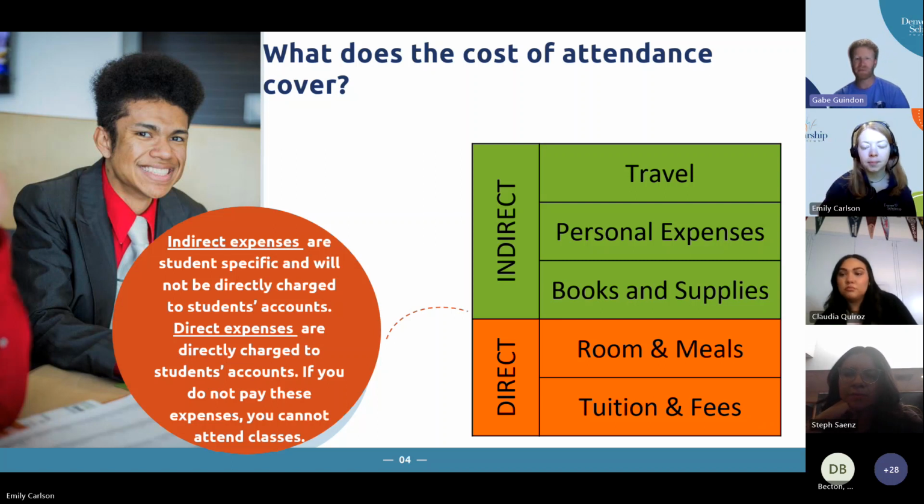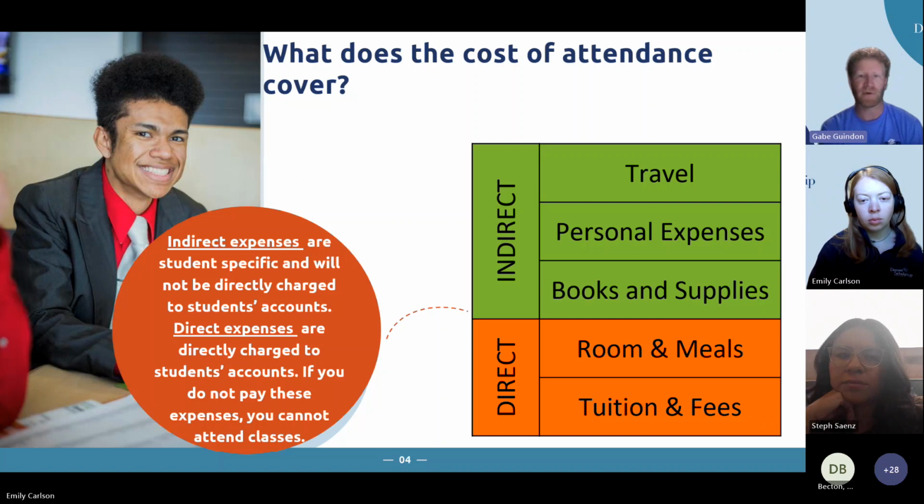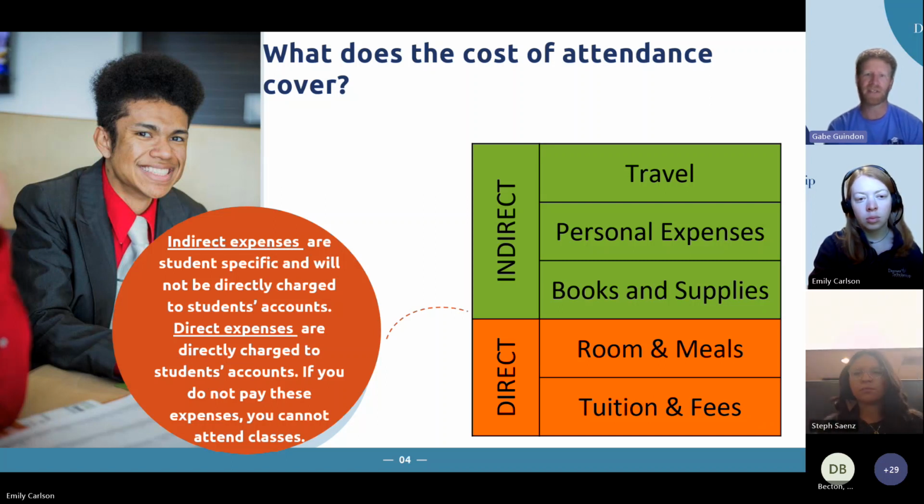Students and families would be billed for room and meals, so the cost of living on campus, if that is their plan. And even for students that are commuting to schools, tuition and fees would be included in direct costs as well. How colleges calculate cost of attendance, though, is inclusive of both the anticipated indirect costs and the anticipated direct costs.